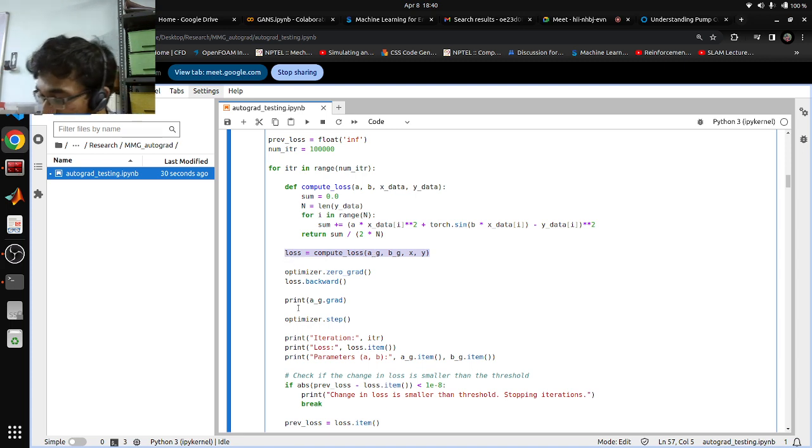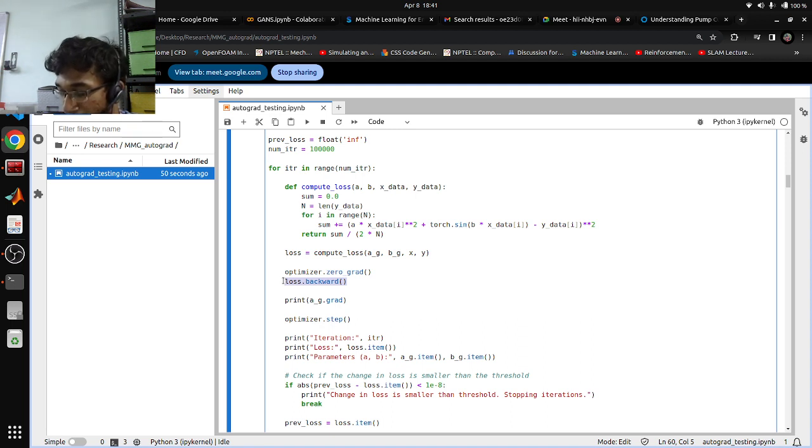ag and bg are holding gradients for the last iteration. Every time you calculate the gradient of this loss function, it will update it.